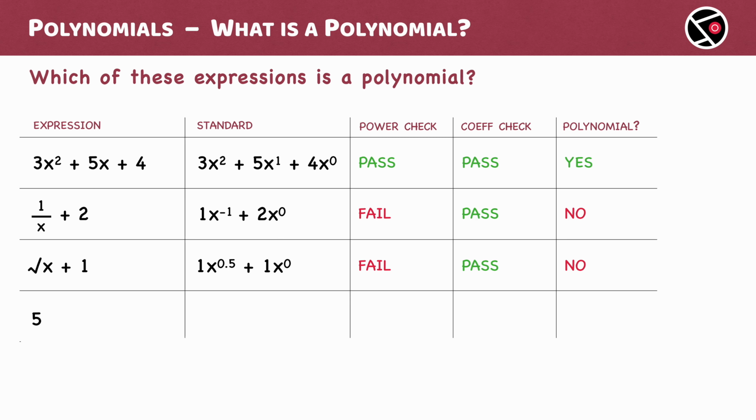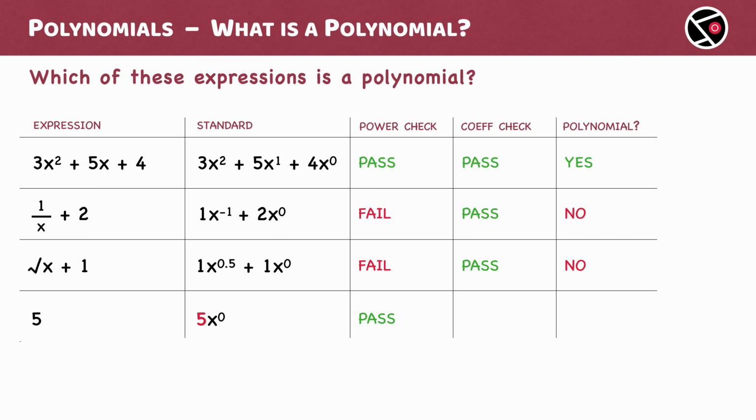Finally, let us look at the fourth expression. The expression is simply 5. We can write this as 5x to the power 0. The power of x is 0, which is a whole number. So, Rule 1 is satisfied. Now, the coefficient here is 5, which is a real number.